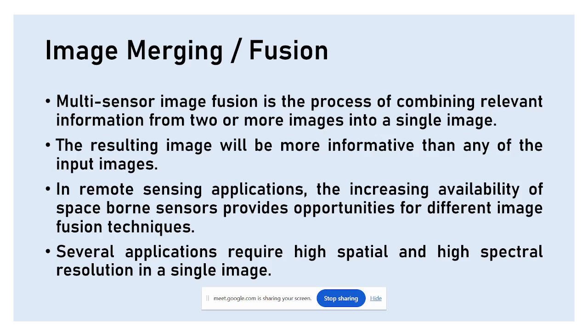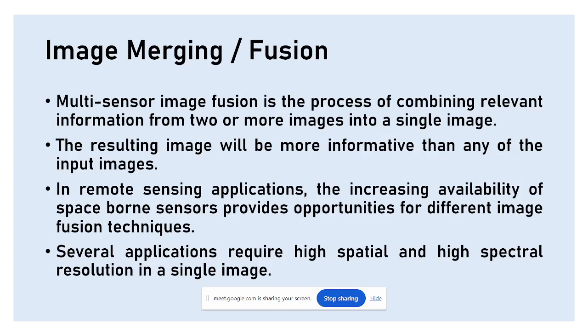In remote sensing applications, the increasing availability of space-borne sensors provides opportunities for different image fusion techniques. Several applications require high spatial and high spectral resolution in a single image. This is mainly in the case of satellite images.